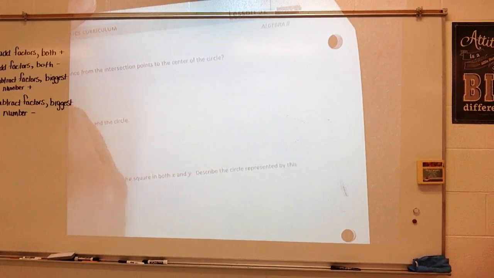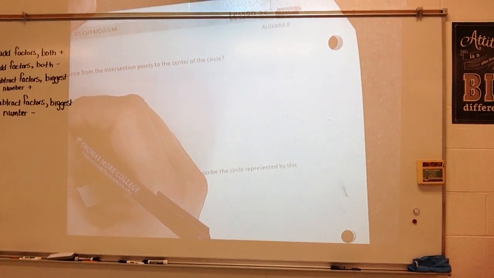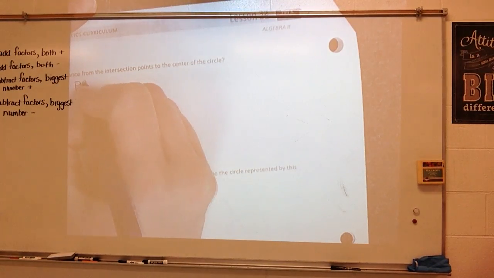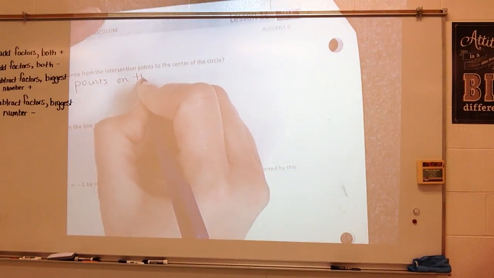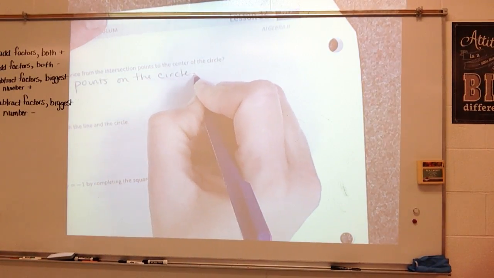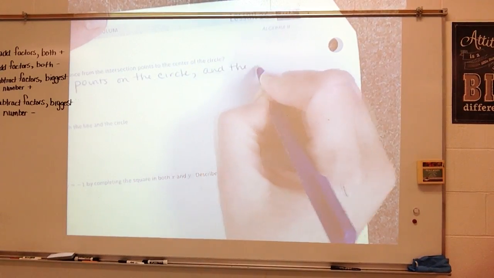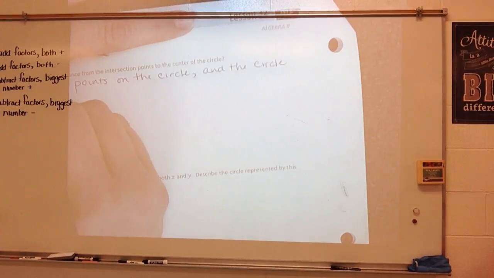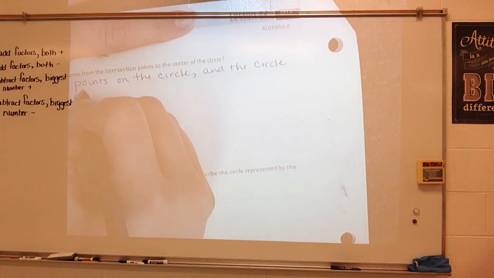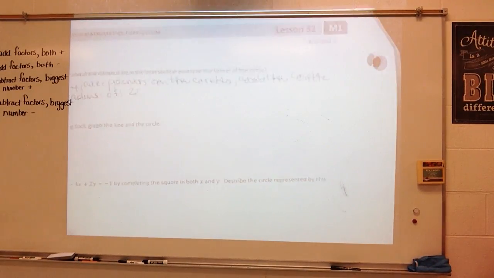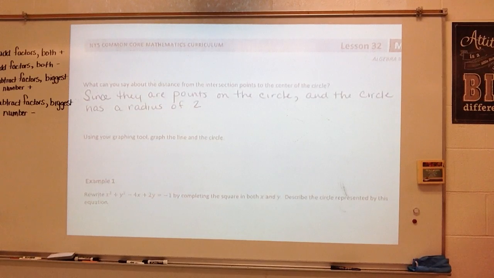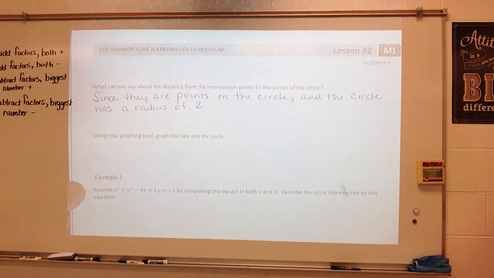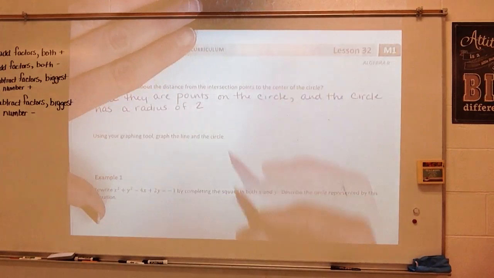So, since the points are on the circle and the circle has a radius of 2, I know that by looking at my point, then the intersection points are 2 units away from the center.